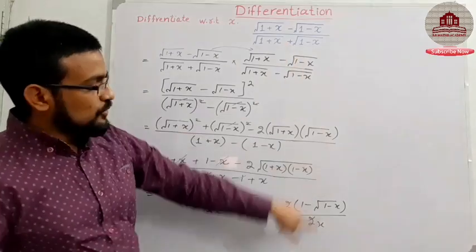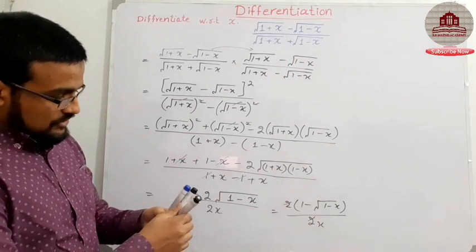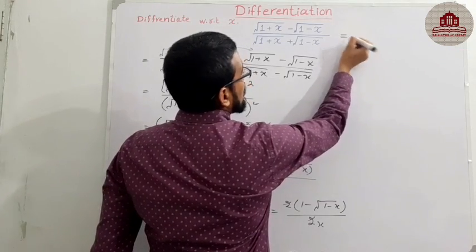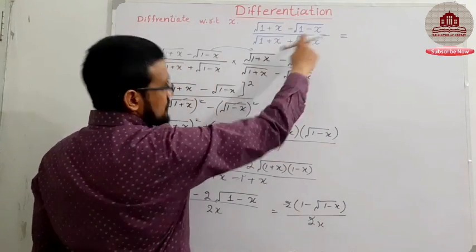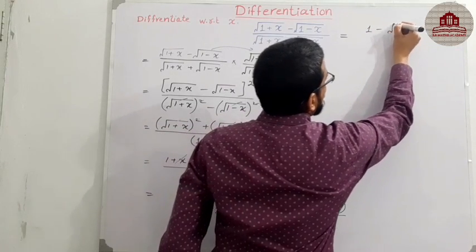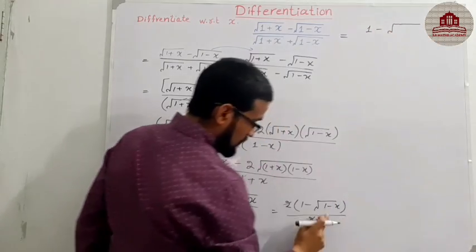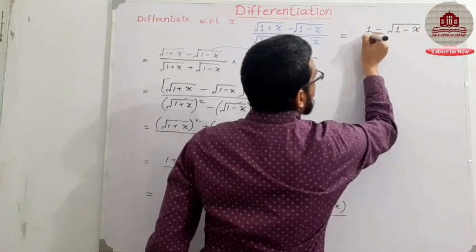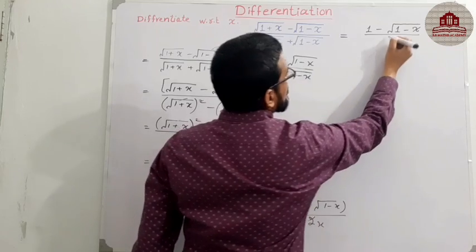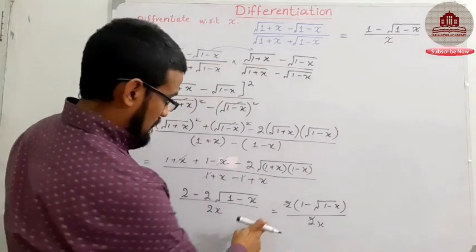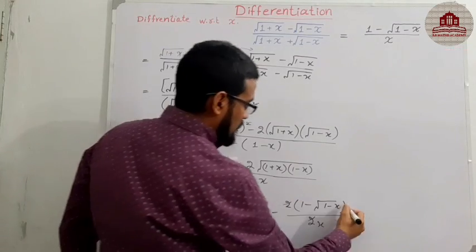This and this are both equal forms, so I can say that this question is equal to 1 minus square root of 1 minus x, divided by x square.